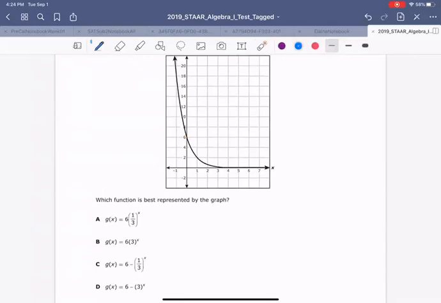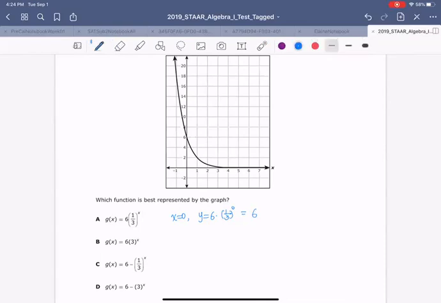So let's see, if x equals 0, do they follow? For A, x equals 0, y equals 6 times 1 over 3 to the power 0. Any real number to the power 0 equals 1, okay? So this gives you 6.